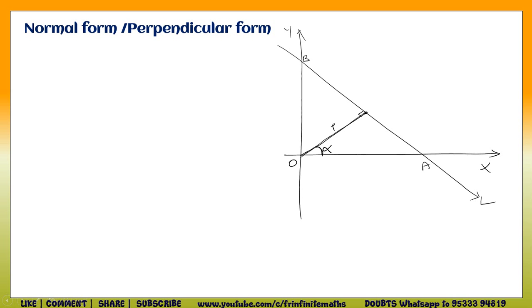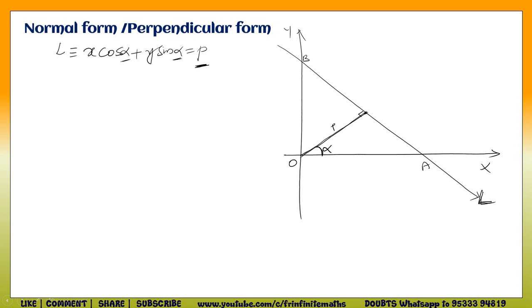Then this line equation L is given by x times cos alpha plus y times sin alpha is equal to p. Here p is my perpendicular distance, and alpha is the angle made by the normal with the positive direction of the x-axis in the anti-clockwise direction.